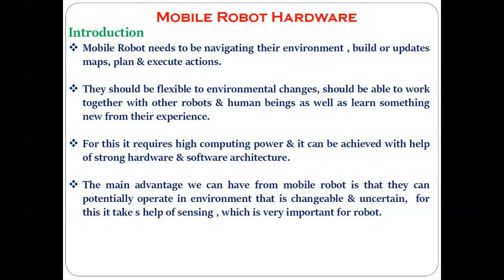The same kind of flexibility is also instilled in the robot when the robot is made, so that the robot can work together with other robots and with human beings when it goes from one particular environment to another. Accordingly, the robot also has to learn new things from its experience and previous historical data.